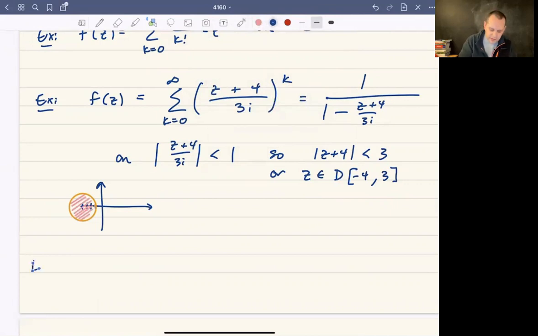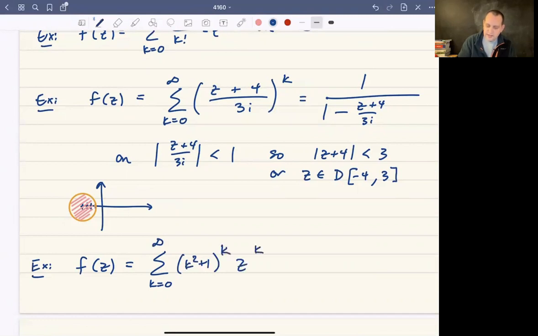And then one final example. If we take the series, the sum from k equals 0 to infinity of, say, k squared plus 1 to the k, z to the k, this will only converge if z is equal to 0.